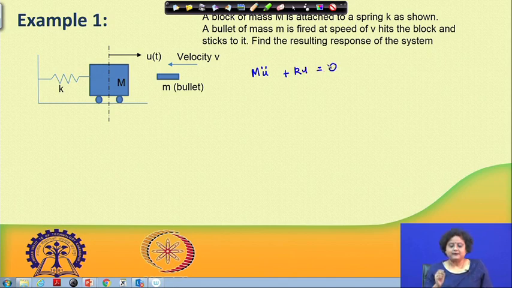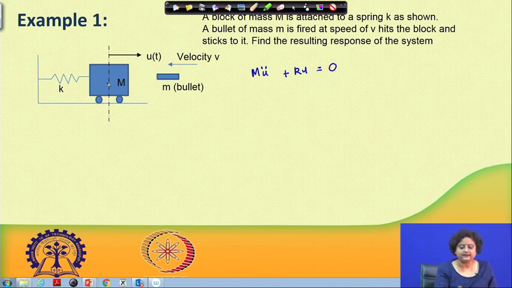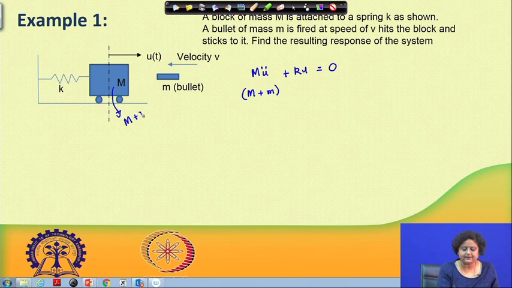But the vibration is going to start only after the bullet has hit the mass and stuck to the mass. So, after the bullet hits, the mass actually now becomes capital M plus small m.